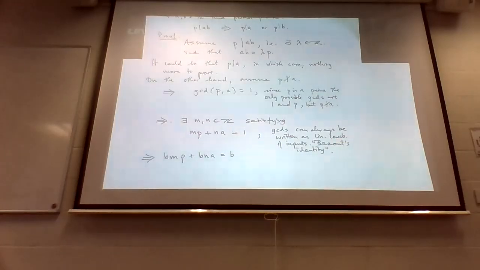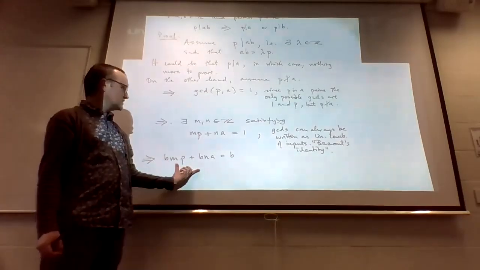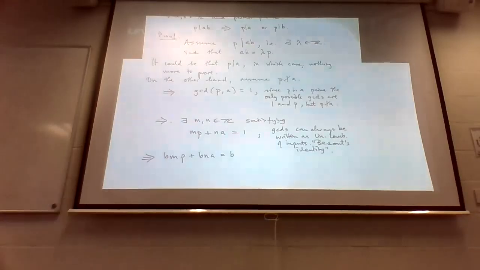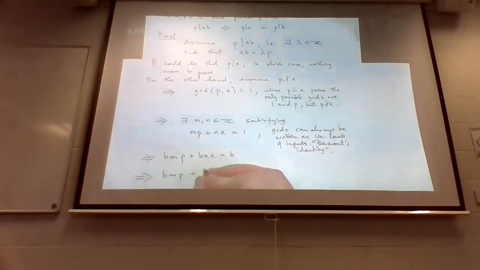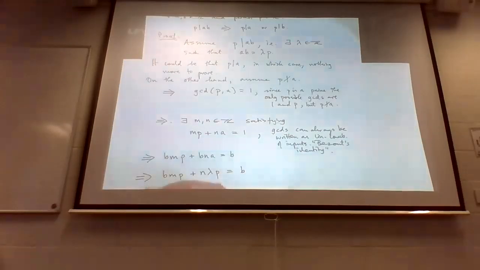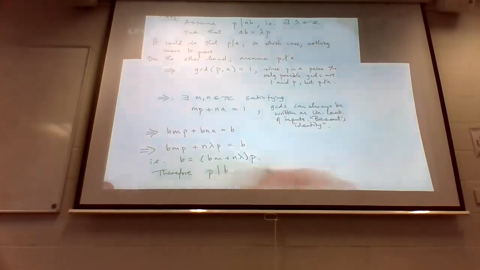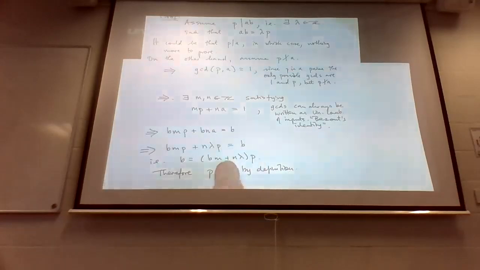And the point is now the left-hand side is a linear combination of P's, because there's a factor of P here, and within the AB, there's a factor of P. So we have BMP plus N times AB, and AB is lambda P. So B equals BM plus N lambda times P. Therefore, P divides B, because we've shown a complementary divisor.